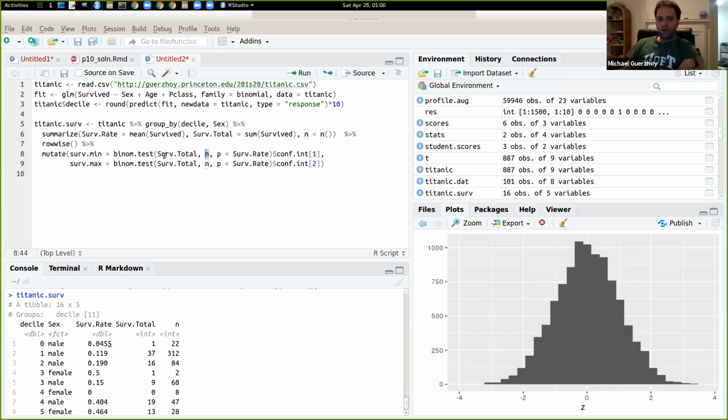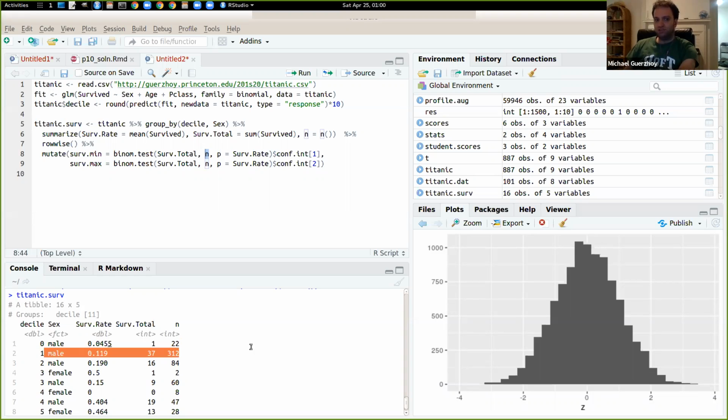Without row-wise, when we're saying serve total, it's like all of this column, and binom test just doesn't work that way. It needs just the one number. So row-wise ensures that it's as if we're just talking about decile equals 0, sex equals male, serve equals 0, serve rate equals 0.04, and so on.